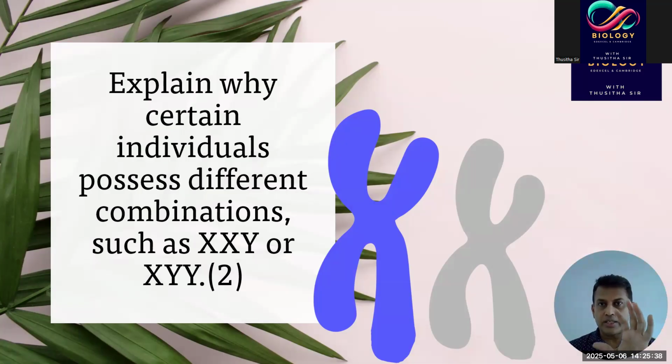Now, it's easy to understand when the gametes form, during meiosis 1 and meiosis 2. In metaphase 1, let's say two X chromosomes are arranged at the equator. Then one goes to one side and the other goes to the other side, so they separate.